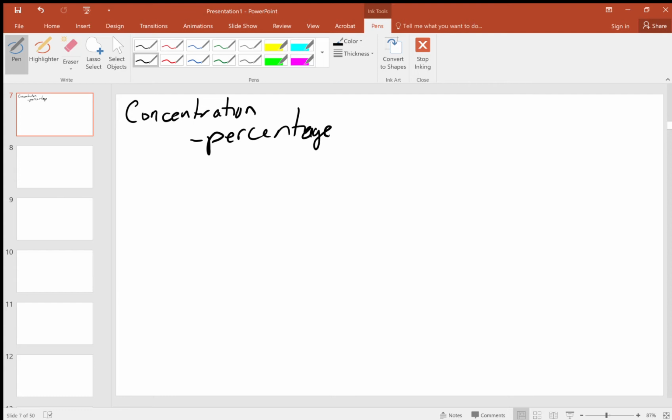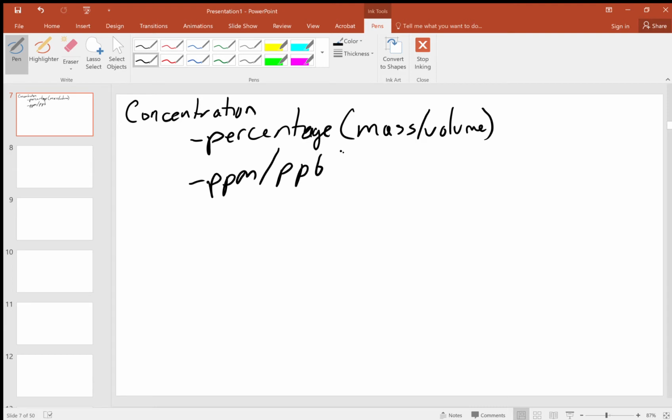And the percentage can be mass or volume. We'll look at parts per million and parts per billion. These are useful for very, very dilute solutions.